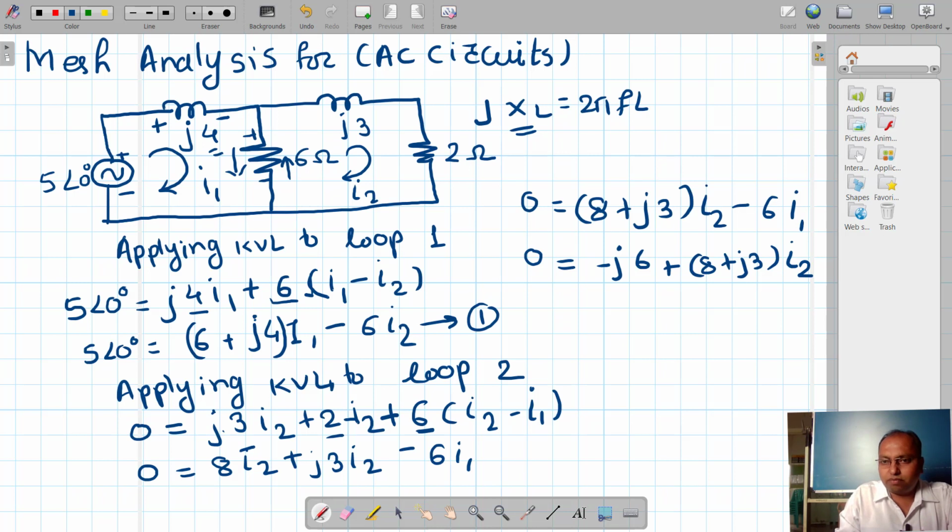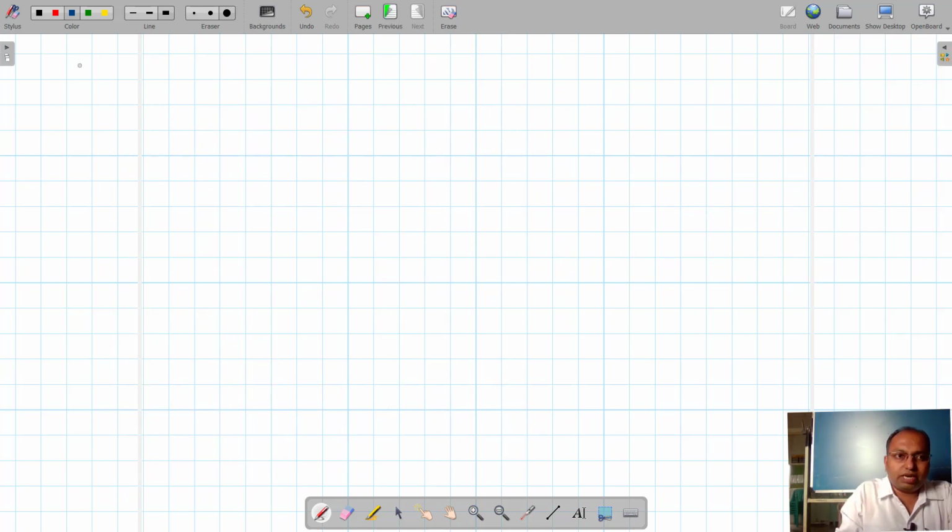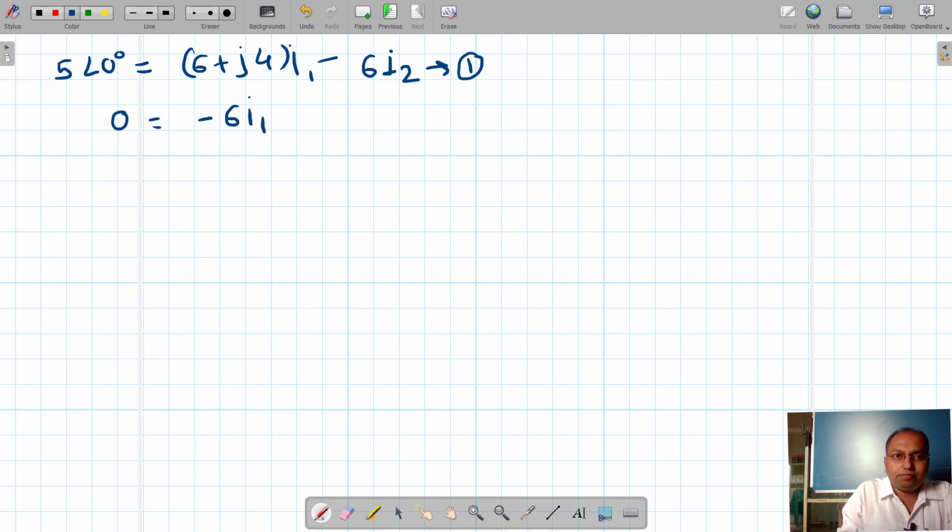Mark this as equation number 2. Great. We have equation number 1 as 5 angle 0 is equal to 6 plus J4 I1 minus 6 I2. And equation number 2 is 0 is equal to minus 6 I1 plus 8 plus J3 I2.